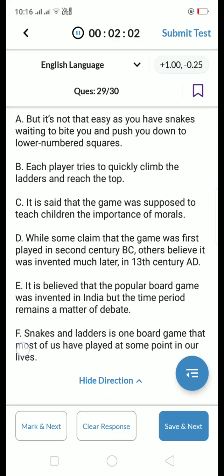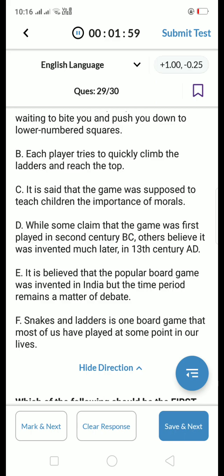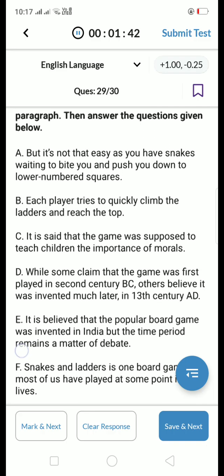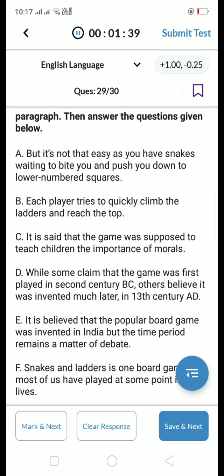Snakes and Ladder is one board game that most of us have played at some point in our lives. It is believed that the popular board game was invented in India, but the time period remains a matter of debate. While some claim that the game was first played in 2nd century BC, others believe it was invented much later in 13th century. It is said that the game was supposed to teach children the importance of moral. Each player tried to quickly climb the ladder and reach the top, but it's not that easy as you have snakes waiting to bite you and push you down too.